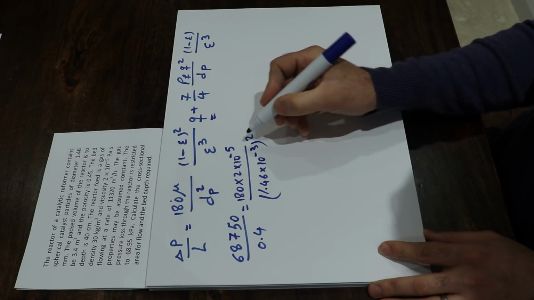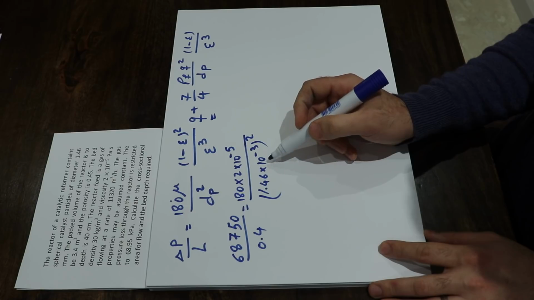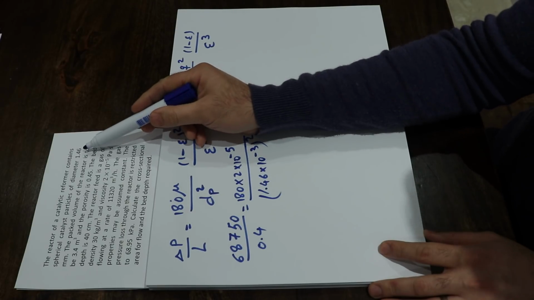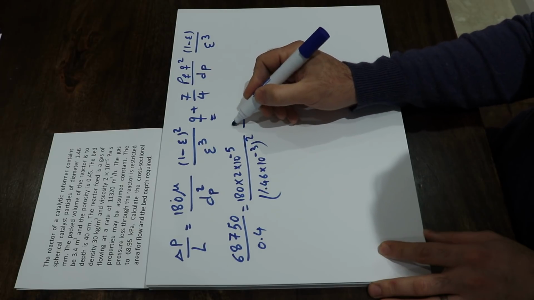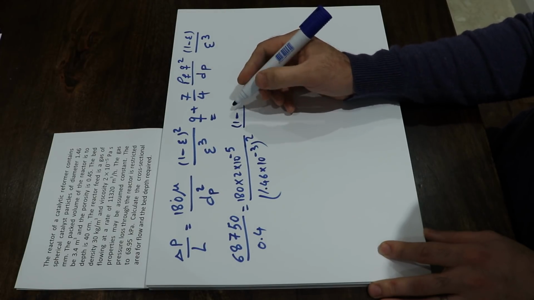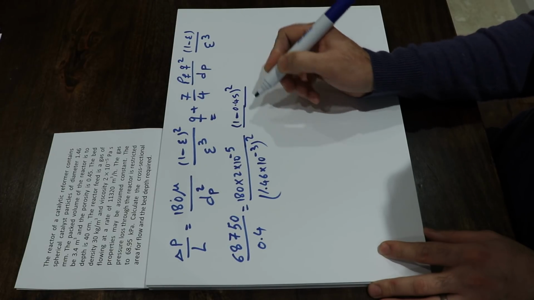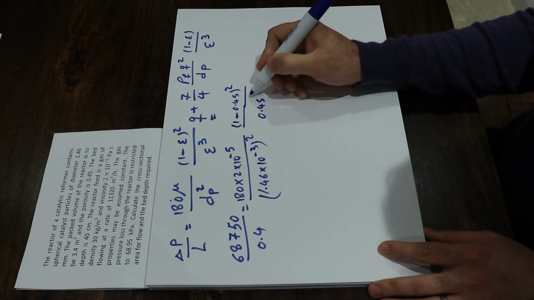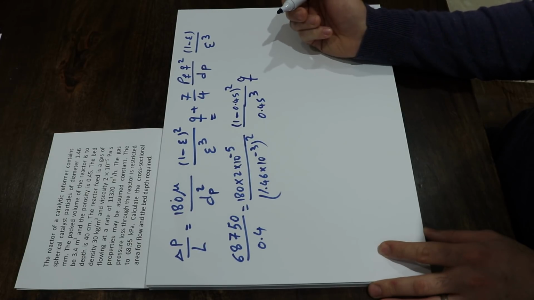Pay attention here, I'm working with SI units, so I convert to meters, because the diameter was in millimeter, times 1 minus epsilon, that is 1 minus 45%, to the power of 2 divided by 45% to the power of 3 times Q, which is the unknown, right?